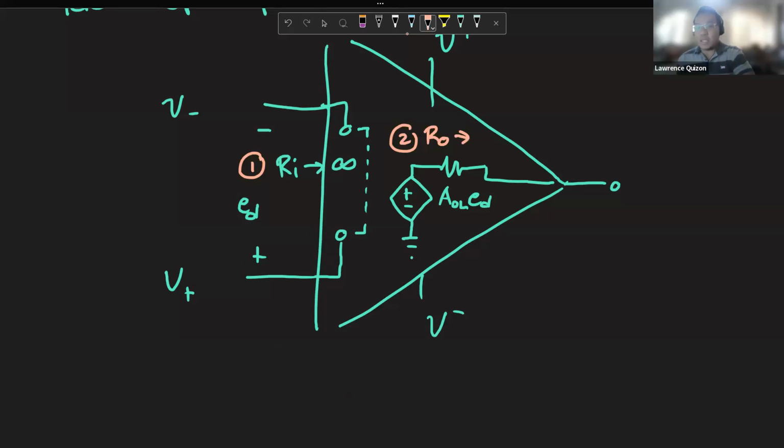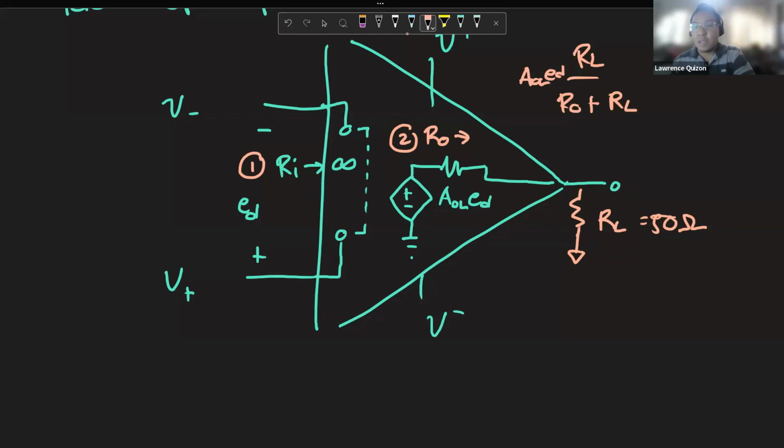should ideally be small, no? So to be able to support any load, like for example, the 50 ohm speaker, right? Dapat yung voltage divider natin, like dapat walang voltage divider na mangyari. So ano ba yung voltage divider na yun? That's R out plus RL, right? Times AOLED.